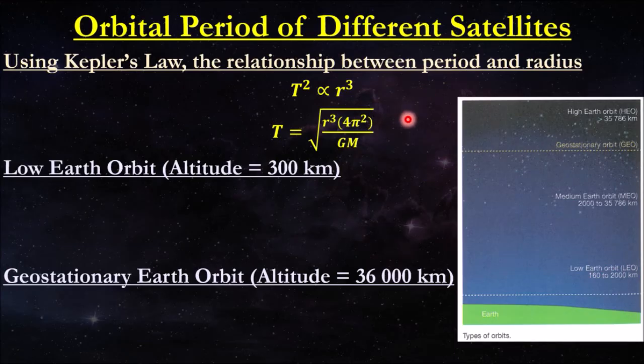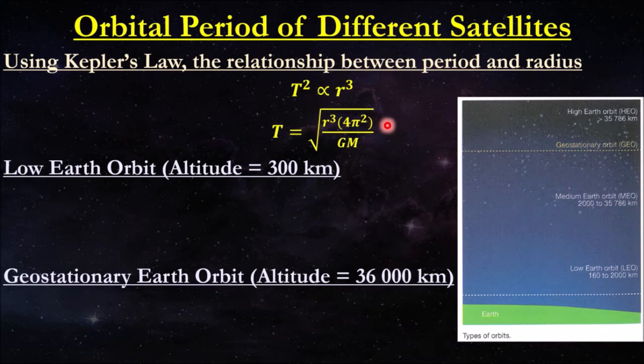Okay, so we've talked about the speed. Let's talk about the orbital period. Now, when we talk about orbital period, we can use the relationship of Kepler's third law. We know that the period squared is directly proportional to r cubed, the average orbital radius.